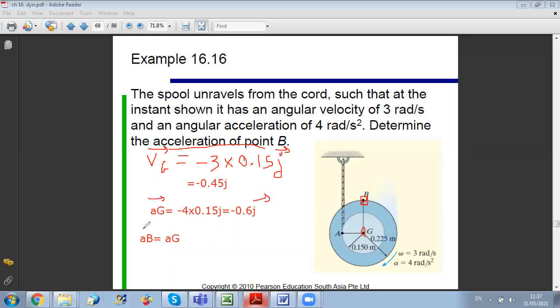So acceleration of B is equal to acceleration of G plus alpha of the disk, vectorial GB, minus omega square times GB.